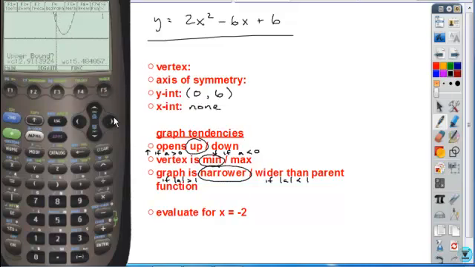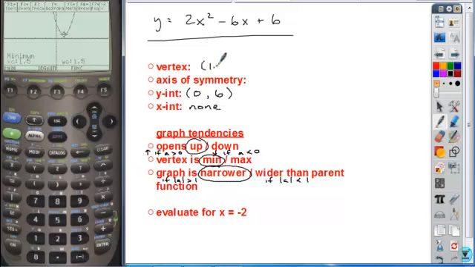I can go up further if I want, but as long as it reaches past the right, to the right of it, you can hit enter again as your upper bound, and it'll give you the lowest point between those. So my lowest point is 1.5, and the corresponding y value, 1.5. Okay, which means my axis of symmetry is going to be at x equals 1.5. Remember, here's my axis of symmetry.